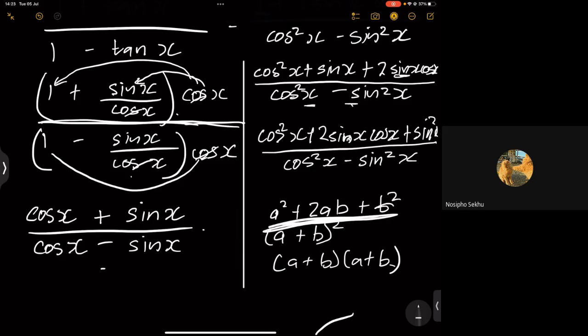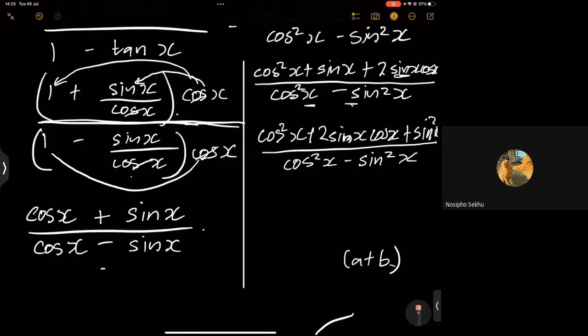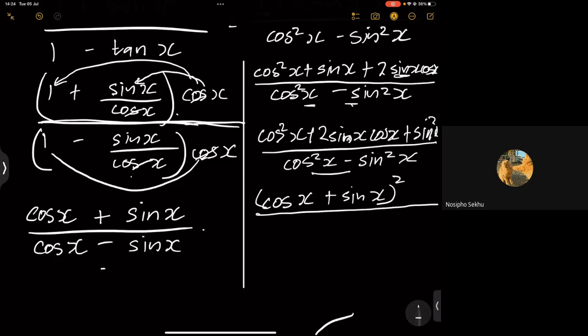Now, I want you to note your numerator. You've got cos squared plus 2 sine x cos x plus sine squared. So what you can do is factorize that and make it cos x plus sine x squared.